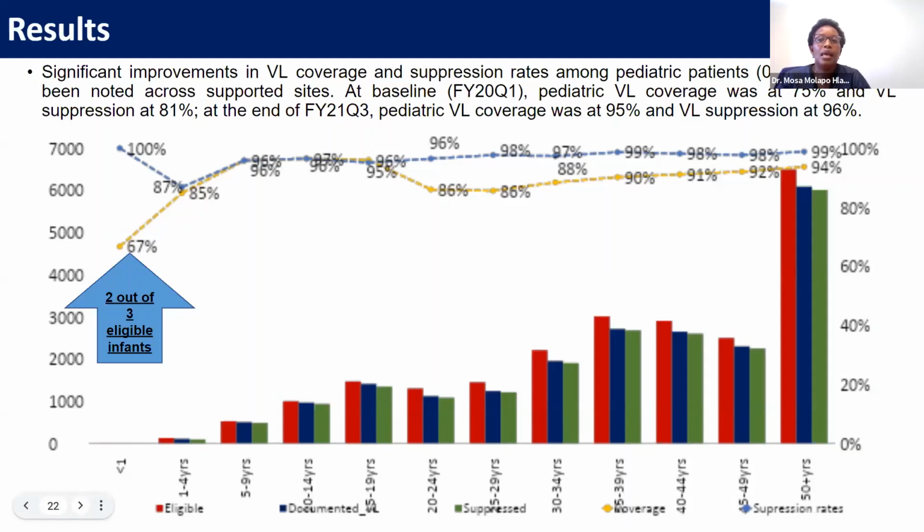But as of Q4 at APR, our viral load coverage in the young ones, less than 1, was actually 100%, and we have seen improved coverage, not only coverage, but also viral load suppression across all age groups, with our pediatric viral load suppression rate averaging 96%.